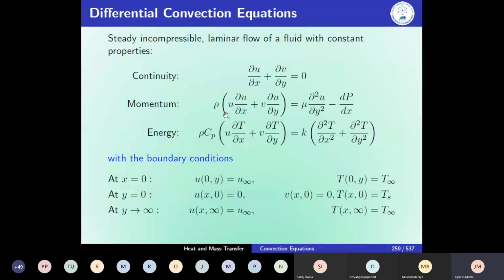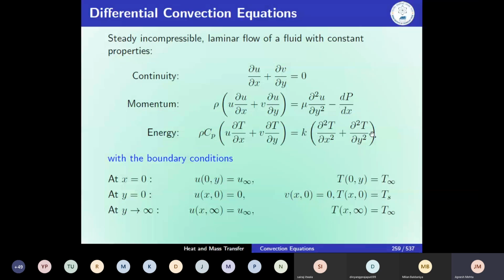The momentum equation is rho into u du by dx plus v du by dy is equal to... The left hand side is due to advection, the mass entering the system, and along with that it carries momentum. On the right hand side, one is the pressure force and the other is the viscous force. They are balancing one another.